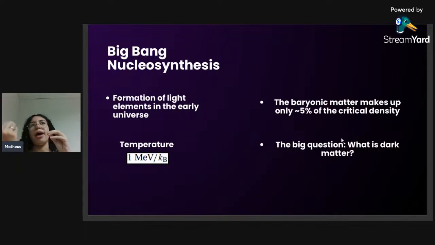We need dark matter because the matter of the universe is not only the baryonic matter that we can see and detect. I think dark matter represents 25% of the universe. So we need to answer what dark matter is.